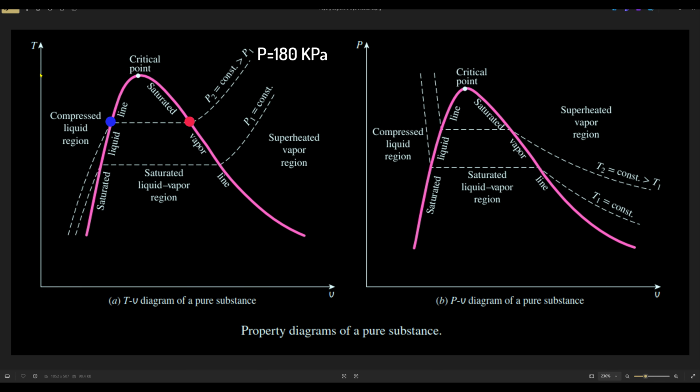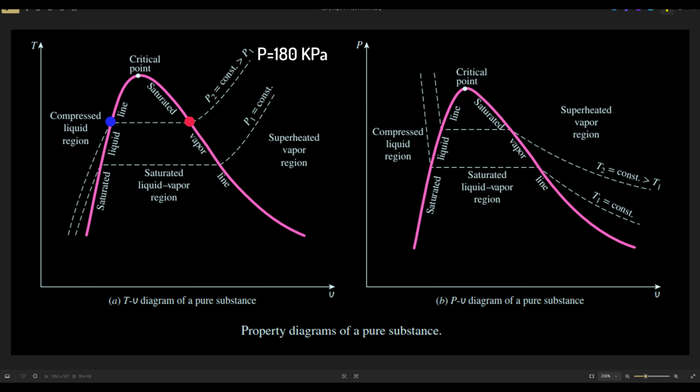According to the T-v graph, this specific volume is between vf and vg. So now we know that this refrigerant is in the saturated liquid vapor region. We can check this point in EES also.